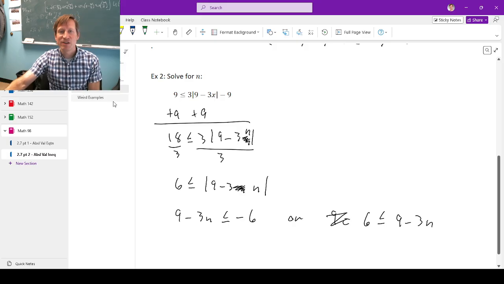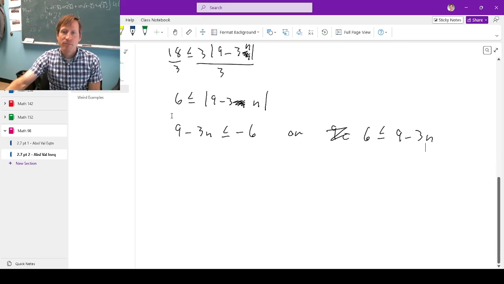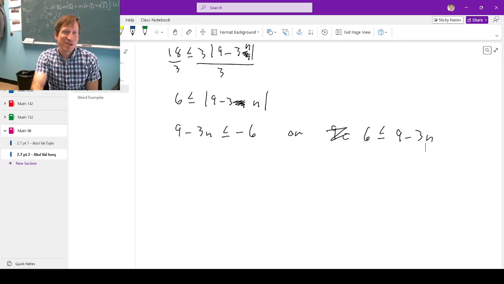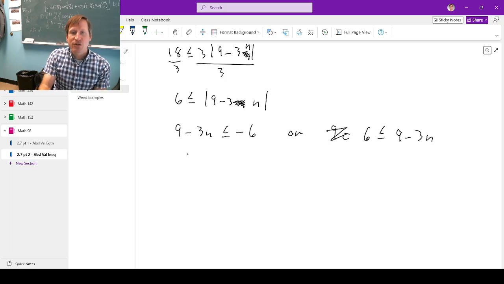And now we need to solve each of these inequalities. Something you might have noticed is that we keep doing the same steps to solve these two inequalities. So we can kind of solve them both in parallel at the same time rather than doing one completely and then doing the other. So first thing we need to do is subtract 9.